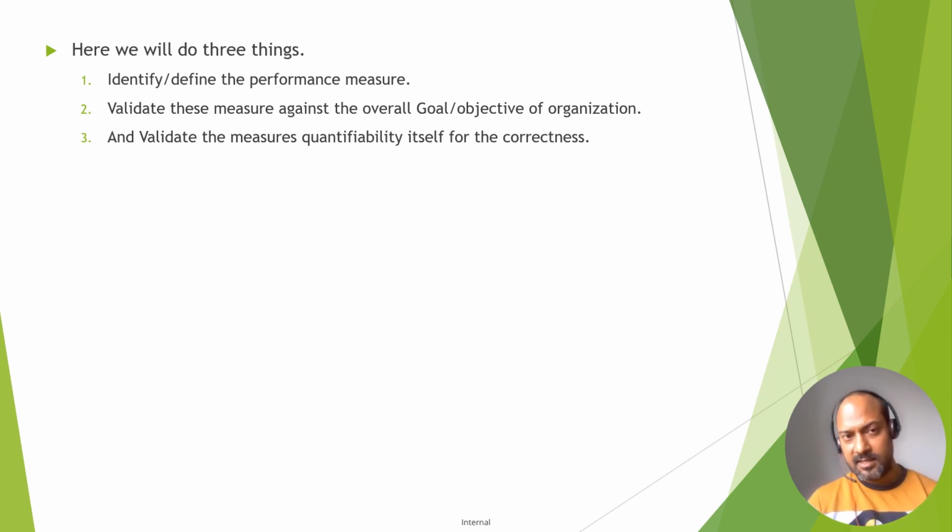So we do three things. The first one is to identify and define the performance measures. The second thing we do is validate these measures against the overall goals or objectives of the organization. And the third thing we do is validate the measures, I mean the quantifiability itself, for correctness.